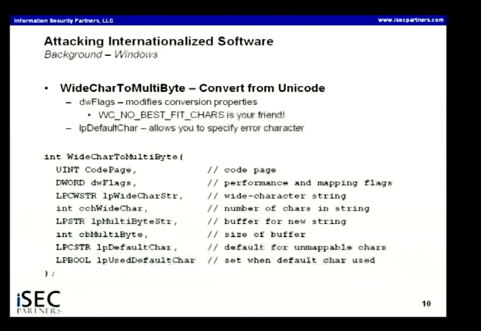Going the opposite direction, going from all of Unicode down to a locale-specific string, is carried out by WideCharToMultiByte. One interesting thing to point out here is that in the dwFlags parameter, you have this flag called WC_NO_BEST_FIT_CHARS. That means that in general, if you're converting from a many to one relationship, you can have many things that are kind of like an apostrophe.